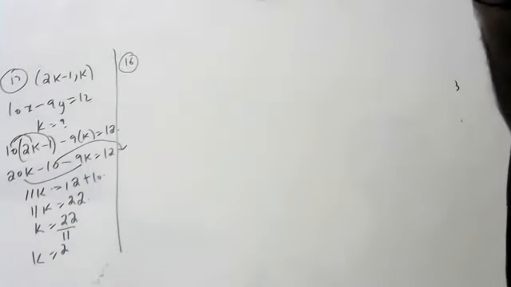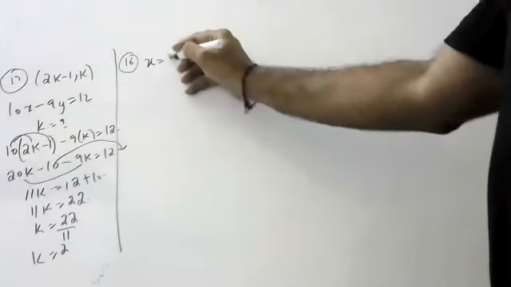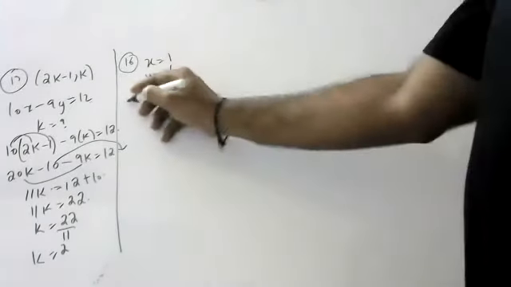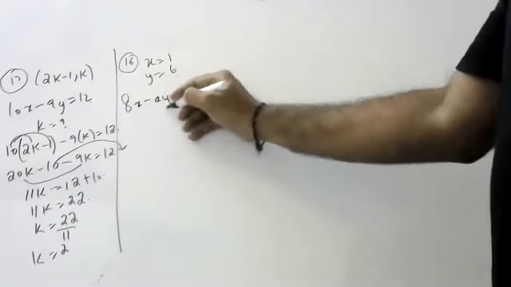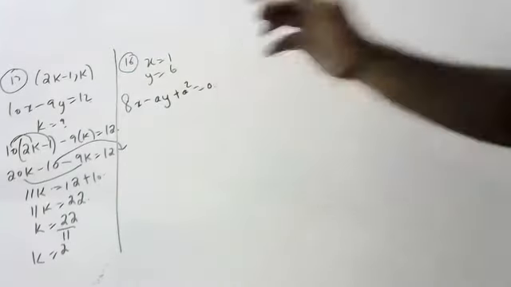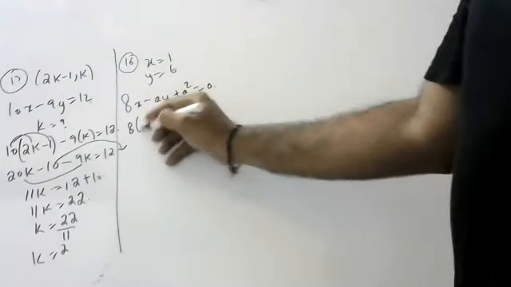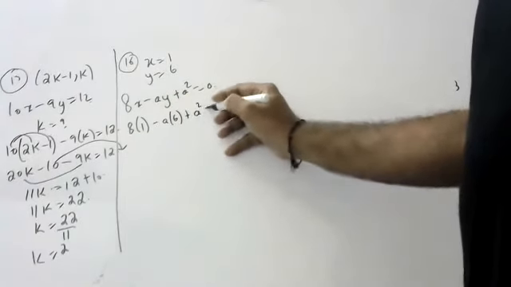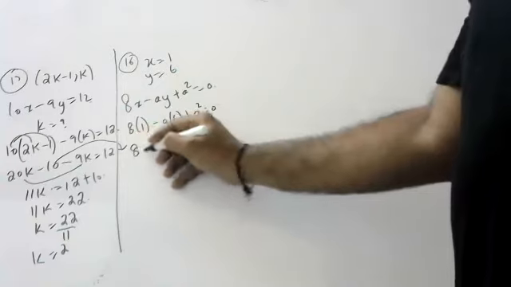Neeraj, say 16. X is equal to 1, y is equal to 6. 8x minus ay plus a square is equal to 0. So 8 into 1 minus a into 6 plus a square is equal to 0.